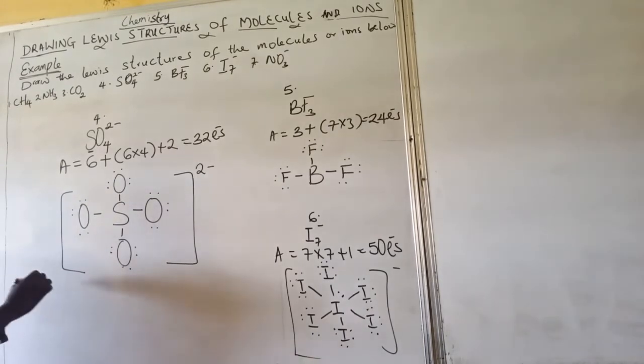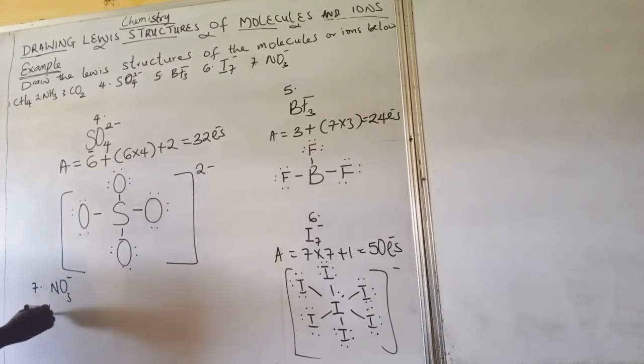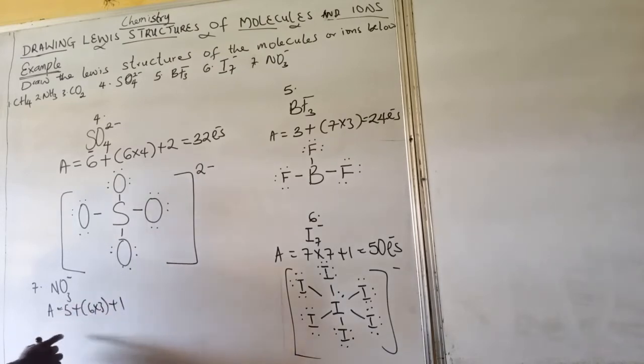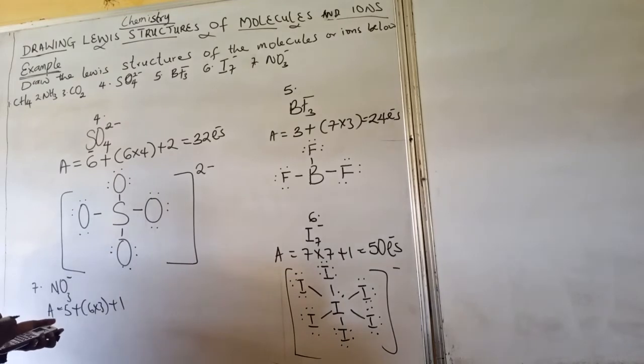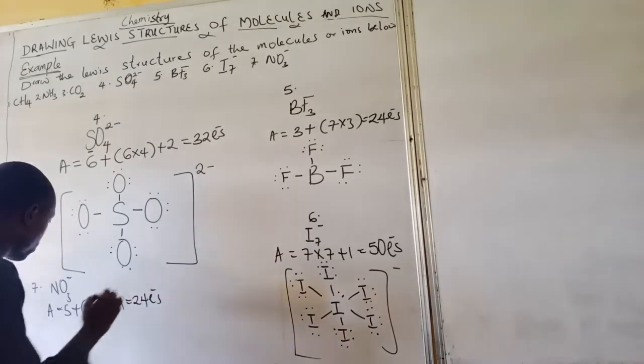Now I'm having NO3 minus. So N here, magic number is 5, plus oxygen here is 6 times 3, plus 1. That's 6 times 3, 18. That's 18 plus 5 plus 1, which gives me 24 electrons.